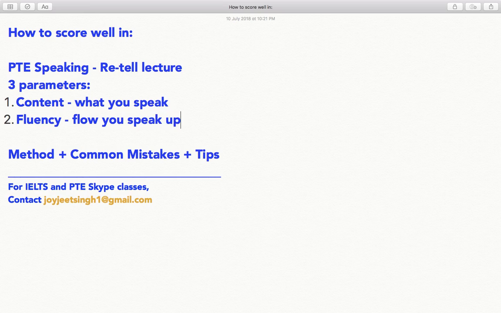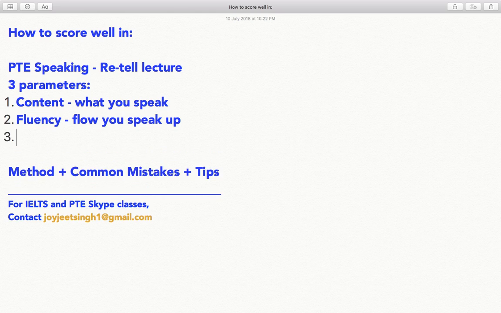Remember from the last video, don't speed up your speech, don't slow it down. Speak at your normal pace like you speak your native language. And number 3 being pronunciation, the way you say your words. So content, fluency and pronunciation. These are the 3 things that they will be looking at before giving you the score in PTE Speaking.